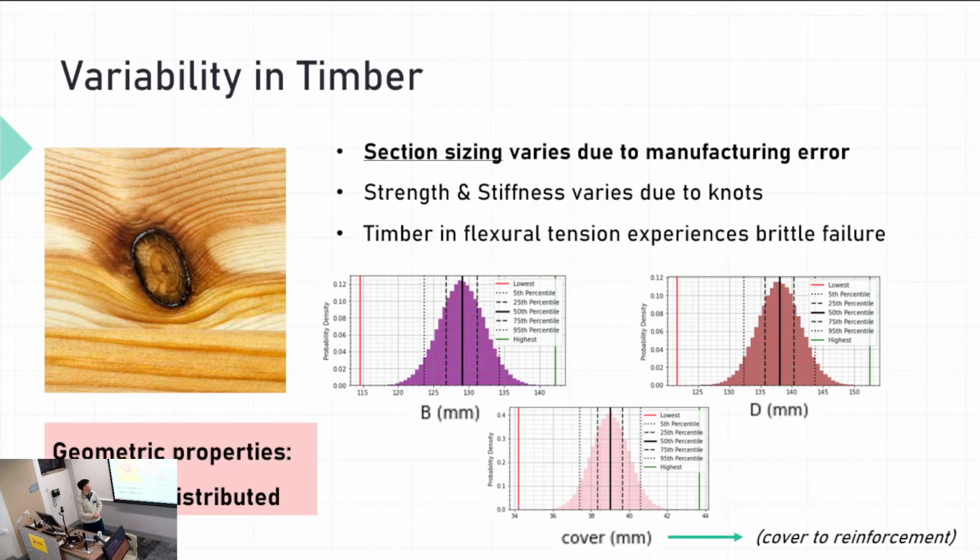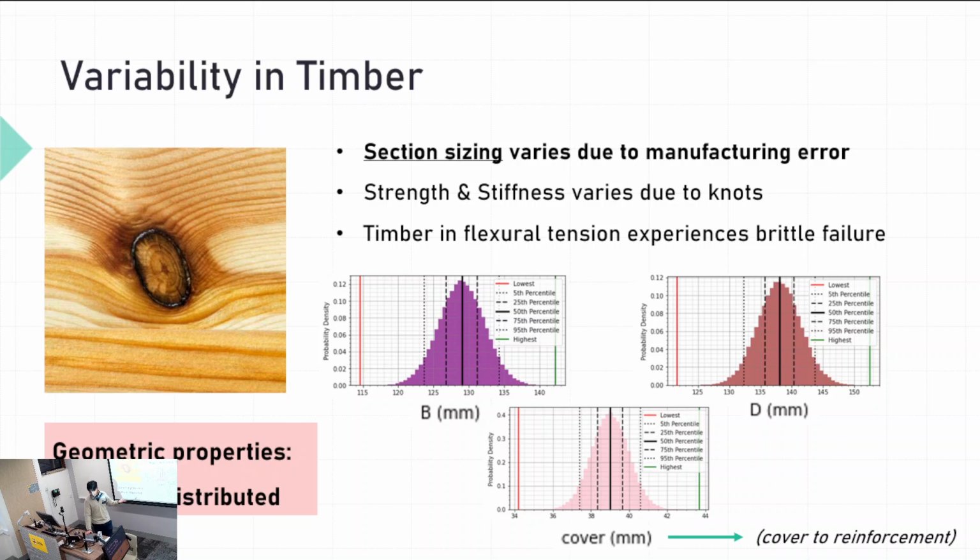In terms of timber, as I mentioned a little earlier, we can have knots in the timber, which cause the strength and stiffness to vary. We can also have manufacturing errors with the boards of timber, which can make for inconsistent sizing. And timber in flexural tension will experience a brittle failure as well.